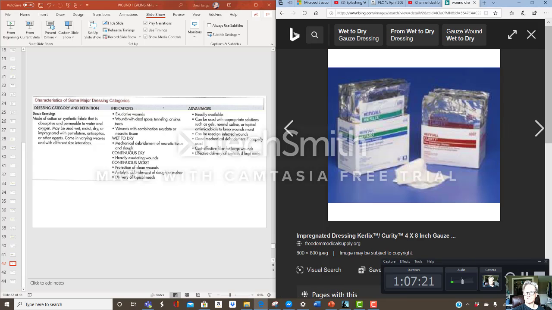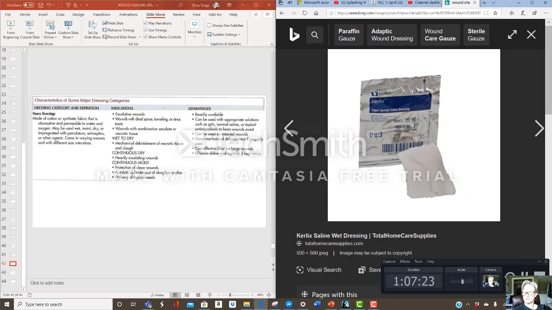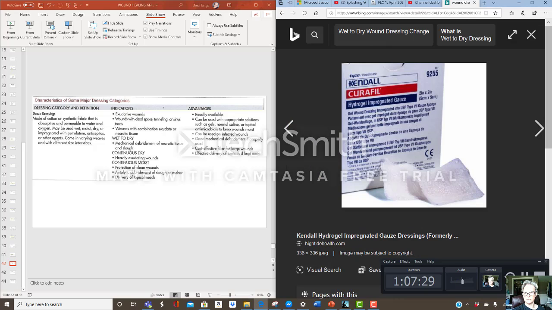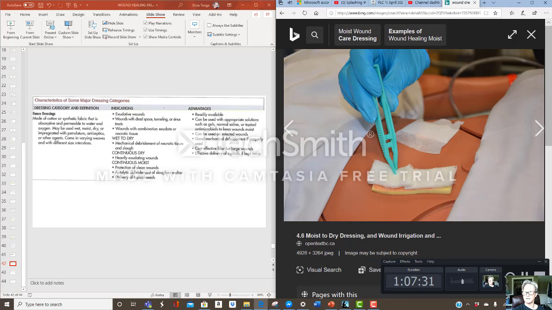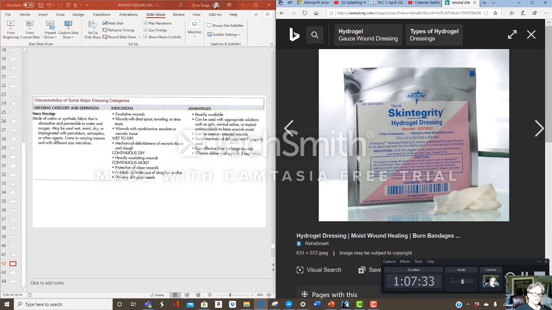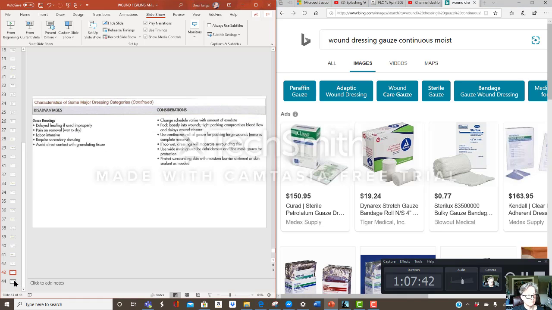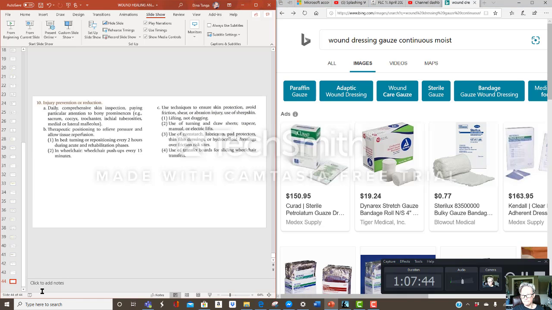This is continuous moist. That's moist to dry. Okay, that isn't what I want. Okay, so that's it for this one.